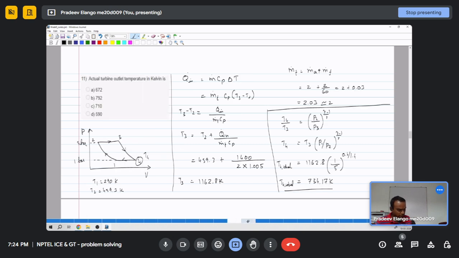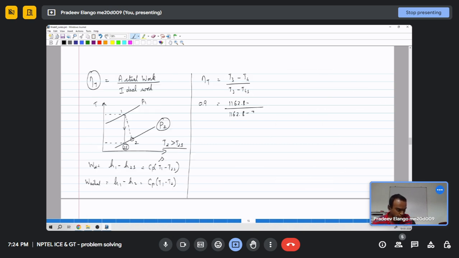T4s we have just calculated as 734.17, and T4 is on the numerator. So now we can calculate T4. T4 will be 1162.8 minus 0.9 into 1162.8 minus 734.17. Can you calculate T4?